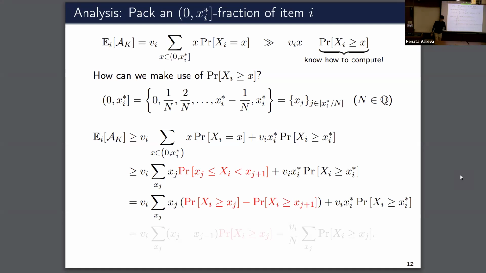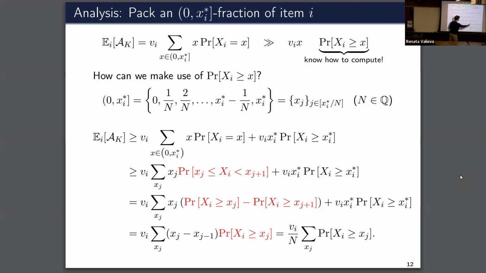But we can rearrange the summation, because xj plus 1 appeared in the summation before. So if you rearrange, you get xj minus 1 times the probability that we know how to compute.